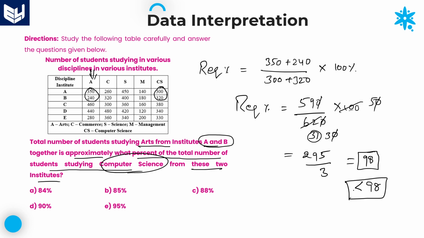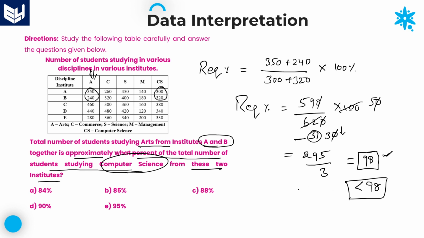The actual value is less than 98, because if I take the denominator as 30, definitely I will get a larger value. I decreased the denominator value, so the answer we are getting, this particular 98, is more than the actual answer.